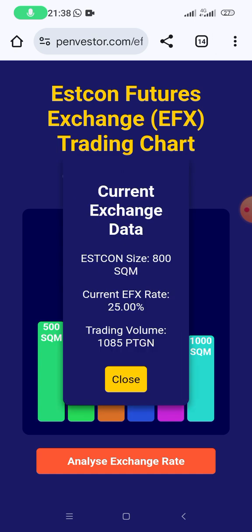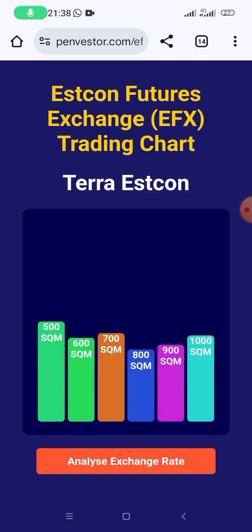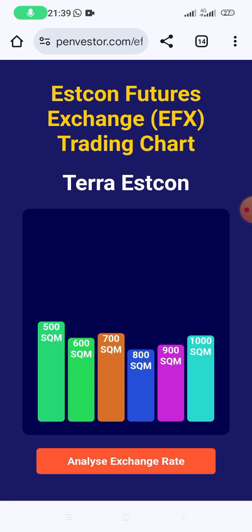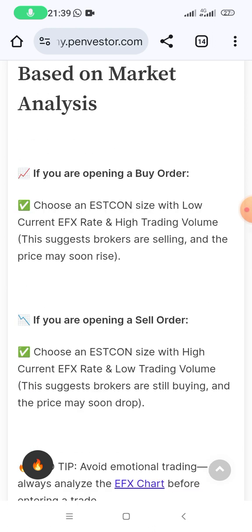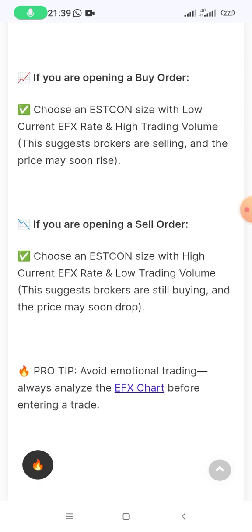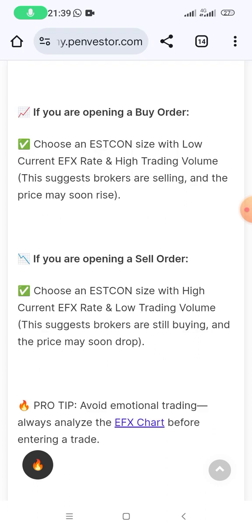Now this 800 and 900, let's say we want to open a sell order. Let me check again so that you understand what I'm talking about. Sell order says low trading volume and then high EFX rate.